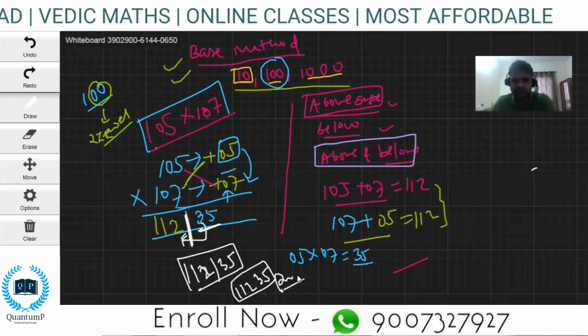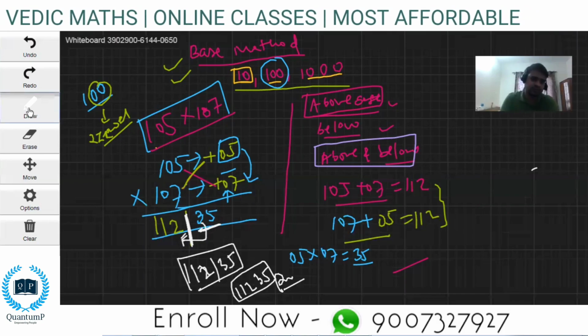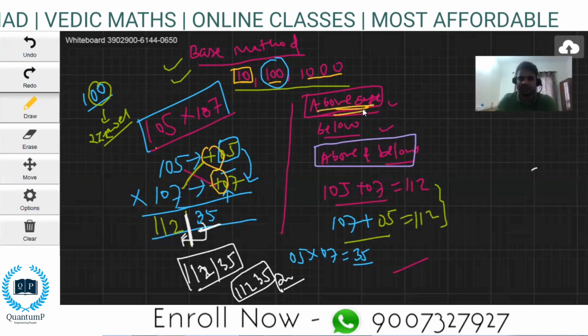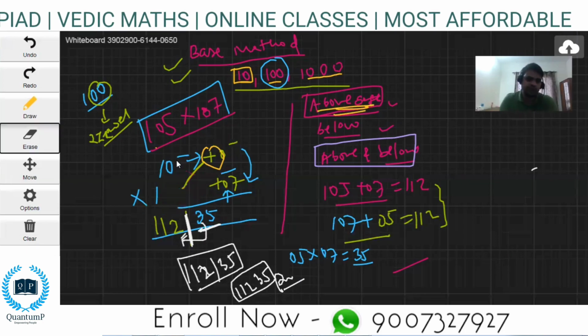So this was, if you see closely, plus and plus. Plus and plus means we have done the above base method. Now let's move to the below base method. Let's have one sum of the below base method.